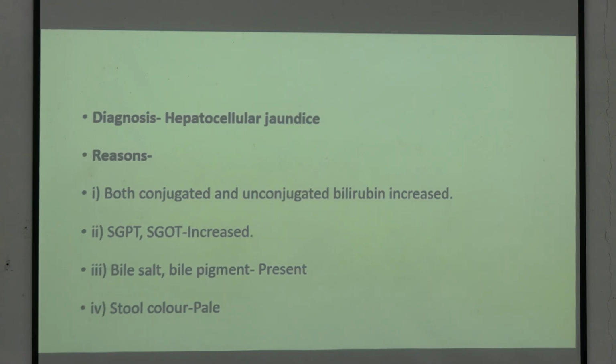So, it is a case of hepatocellular jaundice. Reasons: both conjugated and unconjugated bilirubin increased, SGPT, SGOT increased, bile salt, bile pigment present, stool color pale.